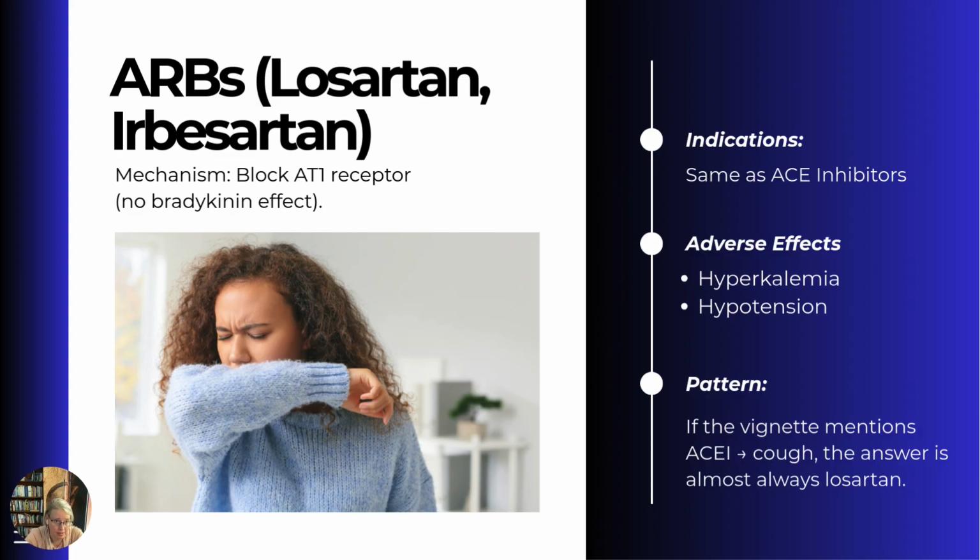They block the AT1 receptor, but they don't have as good of an impact on lowering overall blood pressure. With the ARBs, the adverse effects are hyperkalemia and hypotension, obviously, if they go too low. And the biggest thing on the test is if they notice the cough, you're going to move over to the losartan as the second choice.